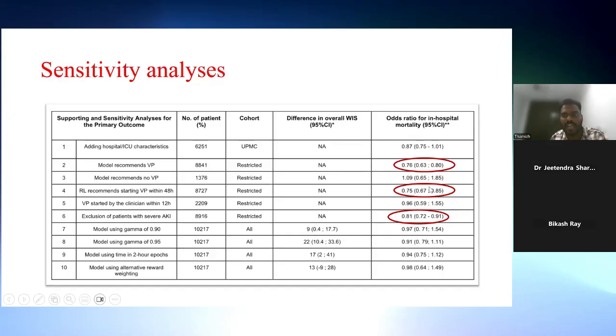But in other analyses, it did not show statistical significance, like when they adjusted the gamma value to 0.9, used 2-hour epochs, or changed the weighting. So it did not show a significant difference, but at the same time, it did not show a higher risk for mortality.